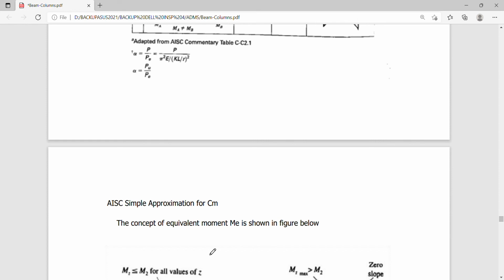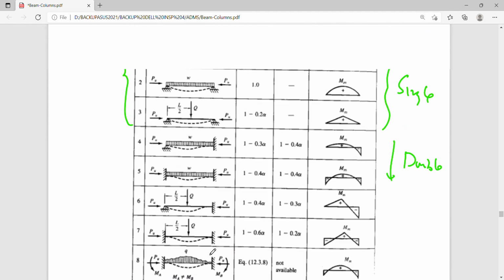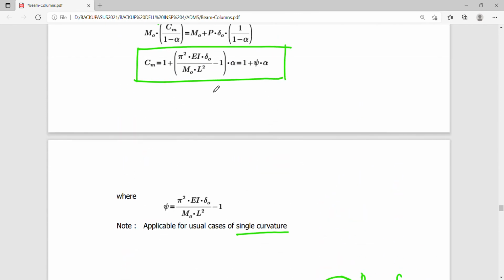I will show you how simple it is, but it will capture some degree of accuracy compared with this formula here. Okay, but I'm going to stop my lecture at this point.